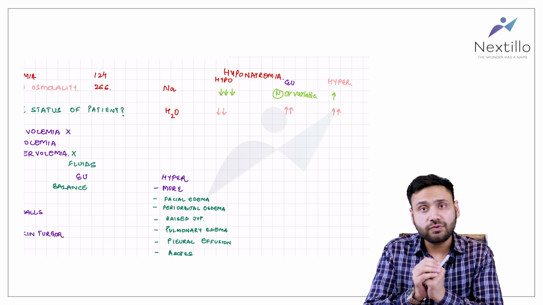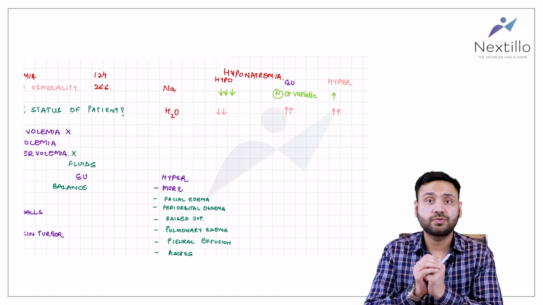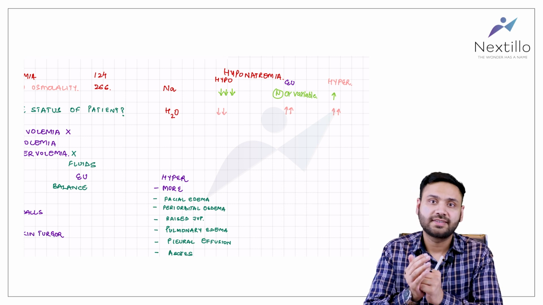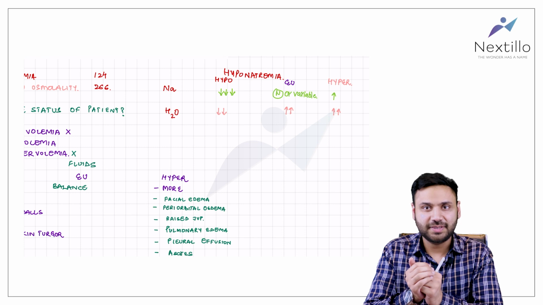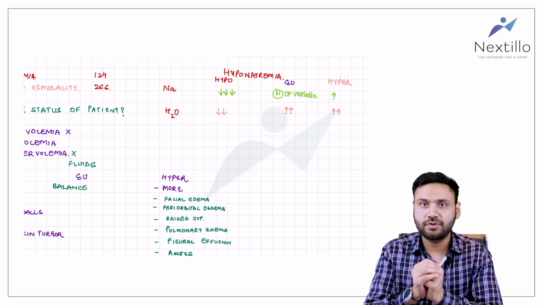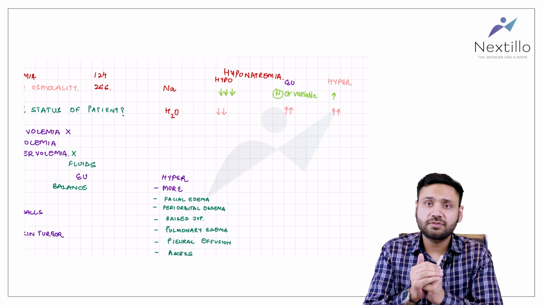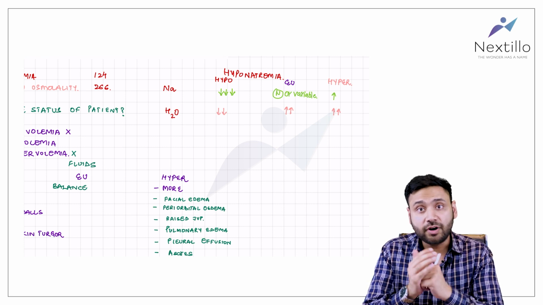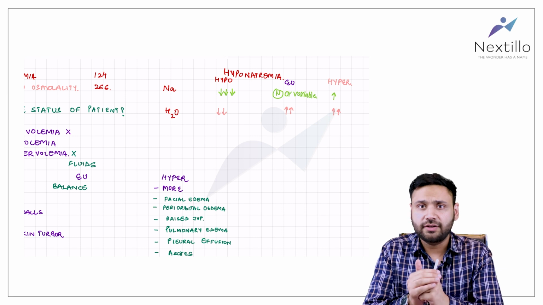While in euvolemic hyponatremia, the amount of water in the body is much higher, so that sodium is less concentrated, right? That is why you would get hyponatremia. And in the last volume state, that is hypervolemia, there is increased amount of sodium and water content in the body, while water content is much higher as compared to the sodium. So there would be hyponatremia, right?